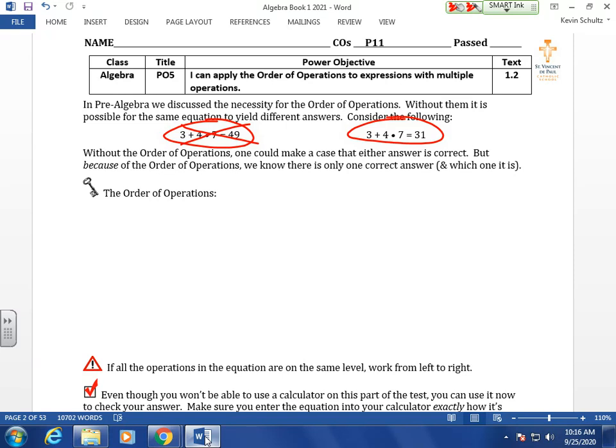Okay? And the order of operations, as I would like you to learn it, starts with P for parentheses. Then comes the E. That's the poorly written E. E for exponents.